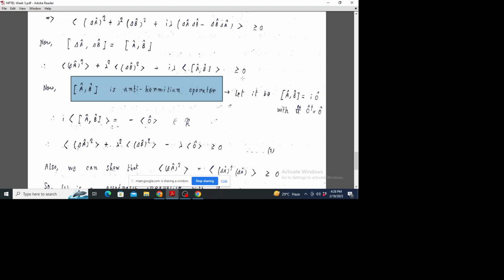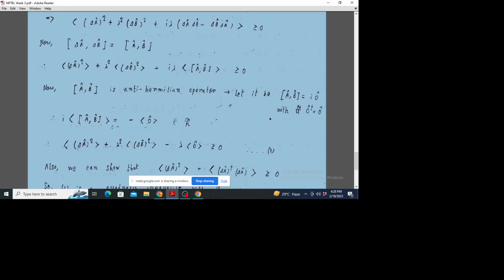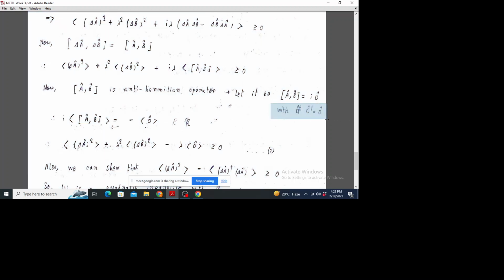And since the commutator of A and B is an anti-Hermitian operator, it can be written like this: the commutator [A, B] is equal to i O, where this O will be a Hermitian operator.